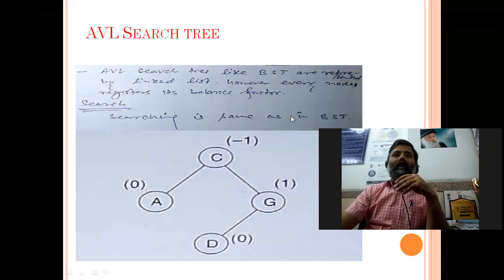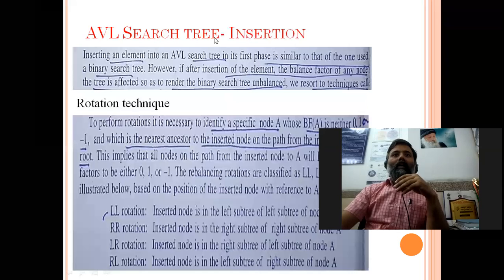Next, insertion. In insertion, we apply the same process as we did in binary search tree. So again, I am not going to repeat the whole process of insertion. If you are not aware, then please see the previous video. So inserting an element into AVL search tree is similar to that of binary search tree.